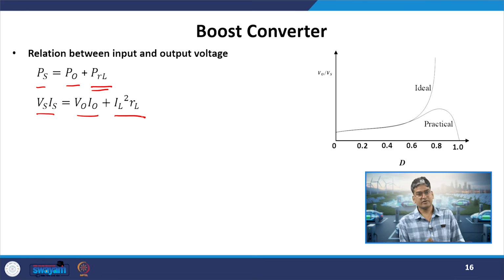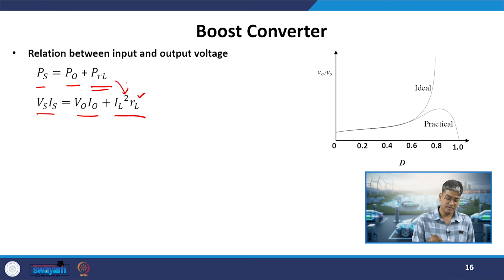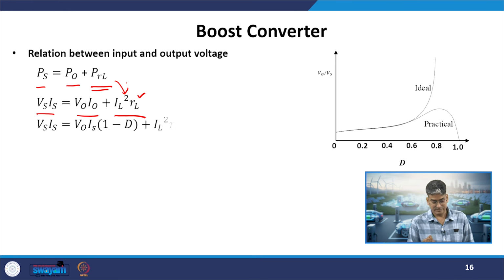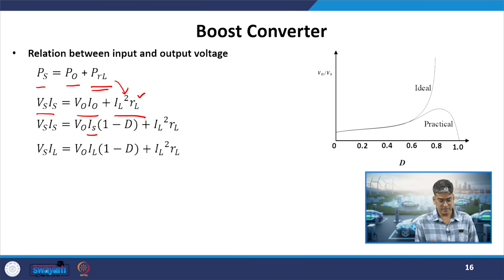We have an average inductor current IL, and we have assumed the resistance of the inductor to be RL. So IL square into RL will be the power consumed by the resistance of the inductor. Now we have to find the relation between the source and the load current. The source current is nothing but equal to the average inductor current, which we have also discussed.